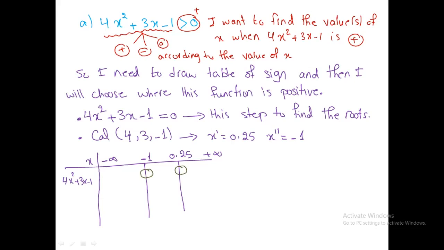4x squared plus 3x minus 1 having two roots. First of all, it is quadratic, it has two roots, so I will conclude that delta greater than 0.